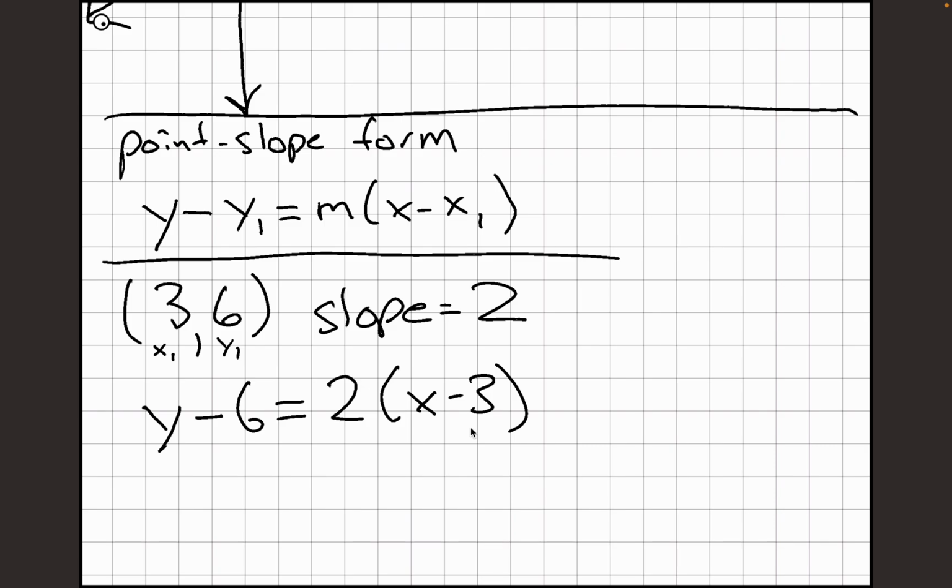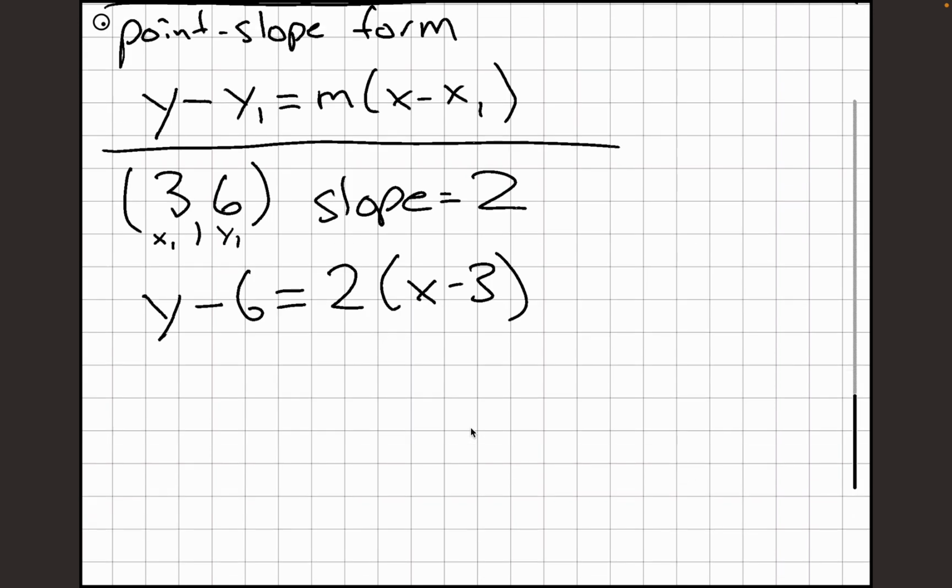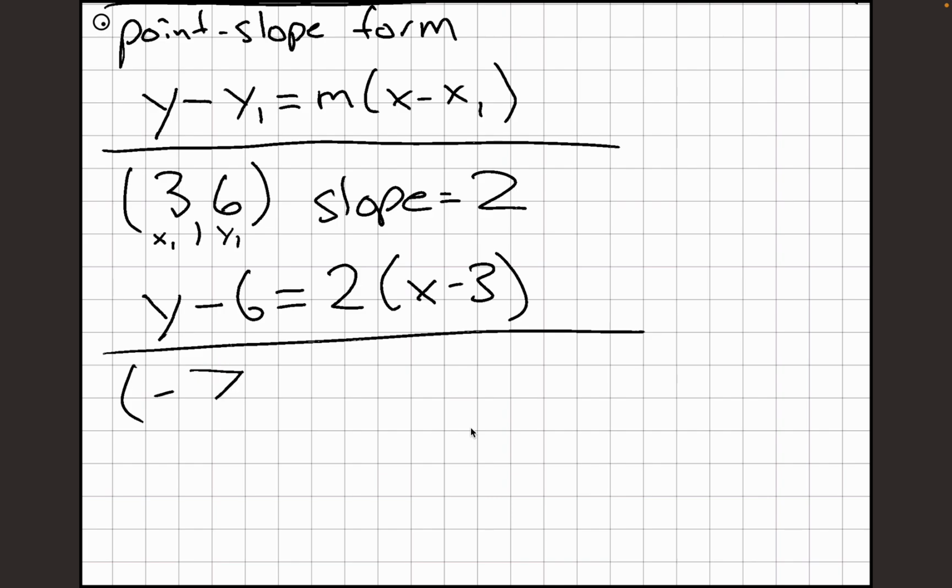All right, so then what if I gave you negative 7 and a slope equals 1/3? Okay, what about this one? Who can start it off for me?